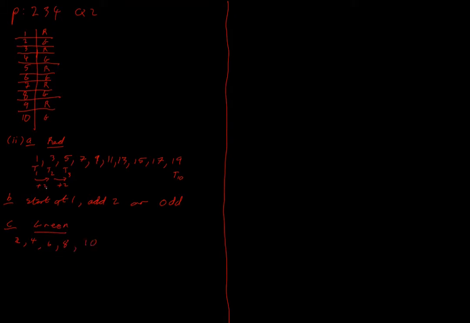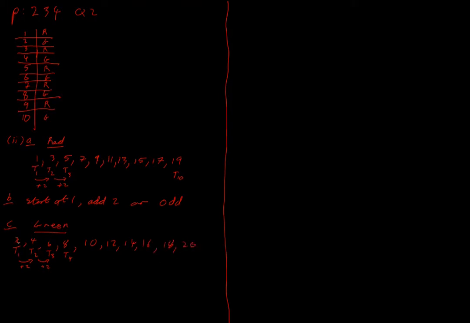So let's go back and have a look at our terms again. Our first term is 2. Our second term is 4. Our third term is 6. Our fourth term is 8. Well, what are we doing each time? Same as before. We find that we're adding 2 each time. 12, 14, 16, 18, 20.